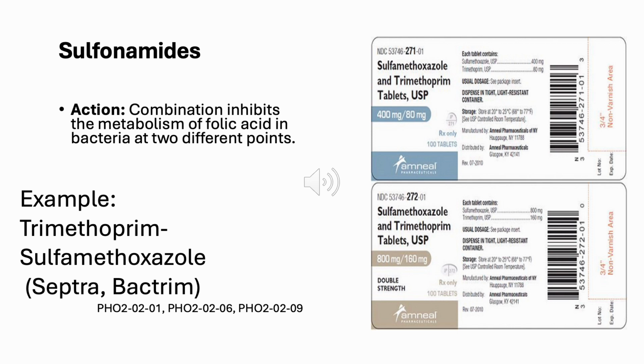Example, trimethoprim-sulfamethoxazole, also known as Septra or Bactrim. This classification of drugs has a side effect of causing crystalluria, which is crystallization inside of the kidneys, bladder, ureters, also known as kidney stones, and hypoglycemia, which is low blood sugar.